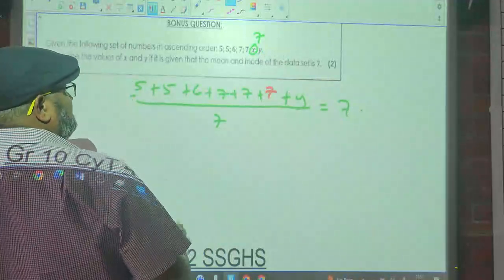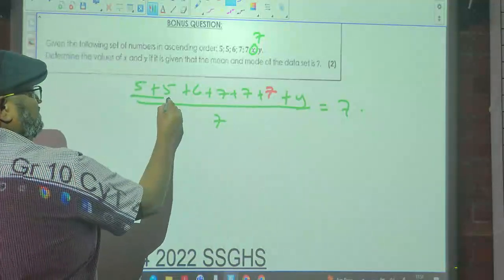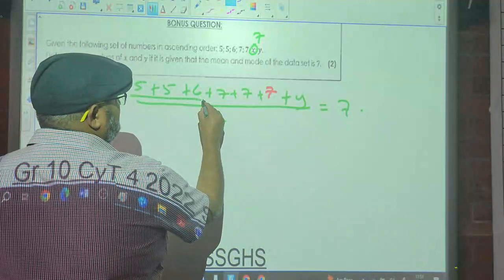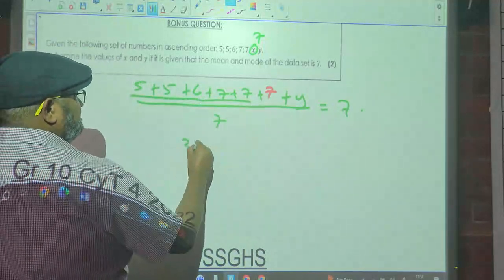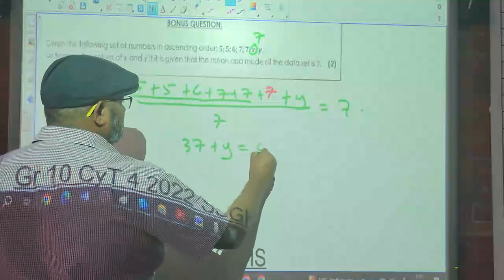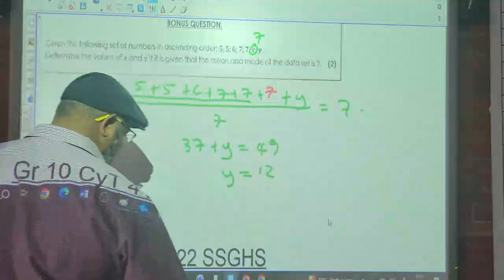Now I just need to calculate y. So we cross multiply here, so that's going to give you 10, 16, 23, 30, 37 plus y is equal to 49. So y is equal to 12. Let's check here.